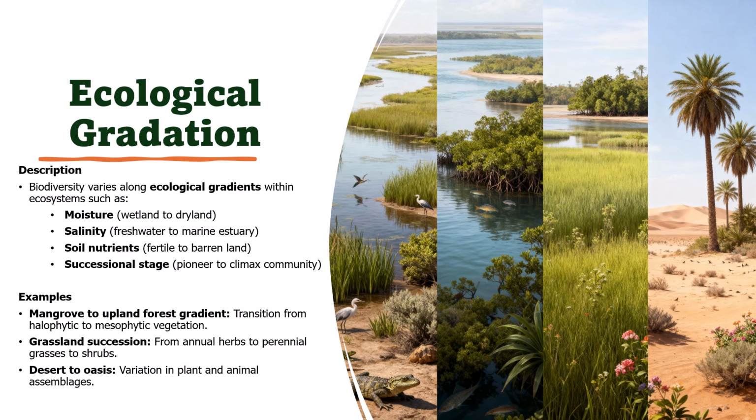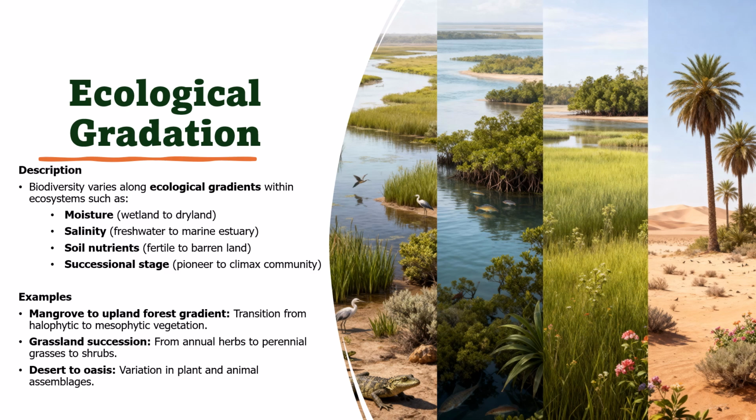Ecological gradation refers to the variation in biodiversity observed along different ecological or environmental gradients within ecosystems. These gradients arise from changes in factors such as moisture, salinity, soil fertility, and ecological succession.